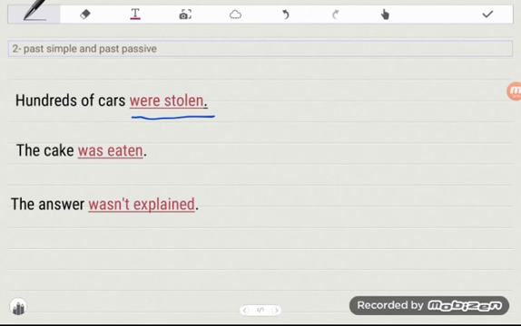Or maybe the speaker considers the action, eating the cake, more important than who. And the last example, the answer wasn't explained. So maybe the speaker didn't want to say the teacher did not explain the answer, in order not to embarrass the teacher. So generally speaking, we use the past passive when there is no doer of the action in the sentence available, for different reasons.